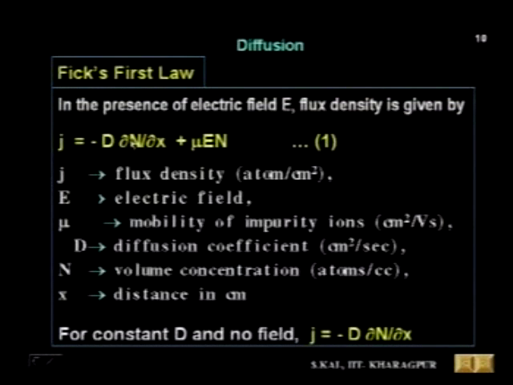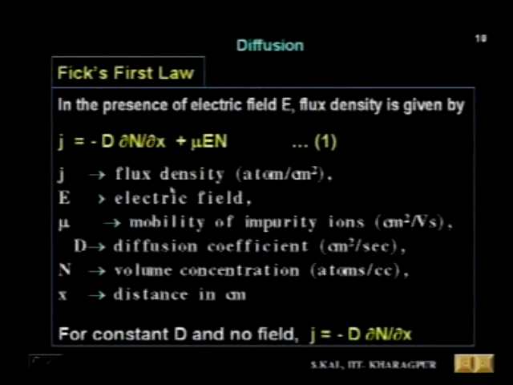And in this particular equation, D has been taken out of the differential because we assume D is constant. But this is not always true. D is a function of temperature, no doubt, and D is also a function of concentration. If it is a function of concentration, then you cannot take D out of the differential, because x is the distance, that is the vertical distance from the surface of the silicon crystal. So with that x variation, the concentration varies, and if the concentration of the dopant varies, D also changes.